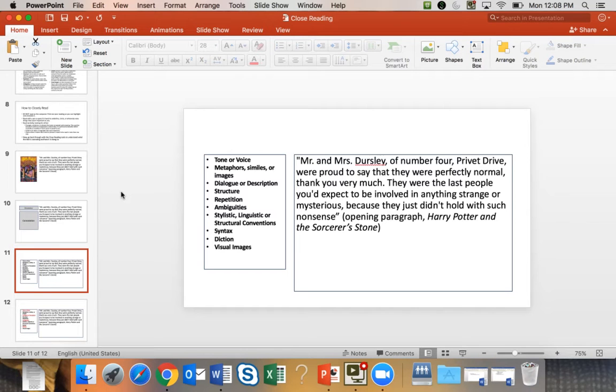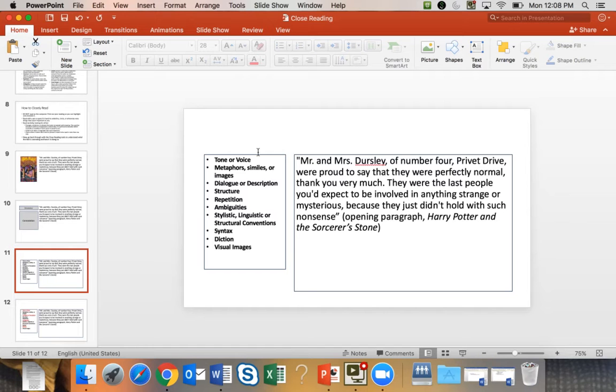And as a reminder, those tools on the left-hand side are tone or voice, metaphors, similes, or images, dialogue versus description, structures, repetitions, ambiguities, stylistic, linguistic, or structural conventions, syntax, diction, or visual images.